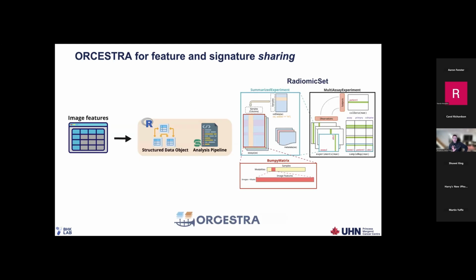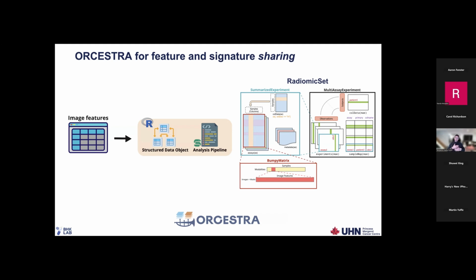We wanted to provide an easy way to share those data with the community, because it is really computationally intensive to create those random data. If we can let people skip that whole step and leverage the negative controls directly, that would be beneficial. So we designed a new class in Python called RadiomicSet, which is based on a multi-assay experiment structure.